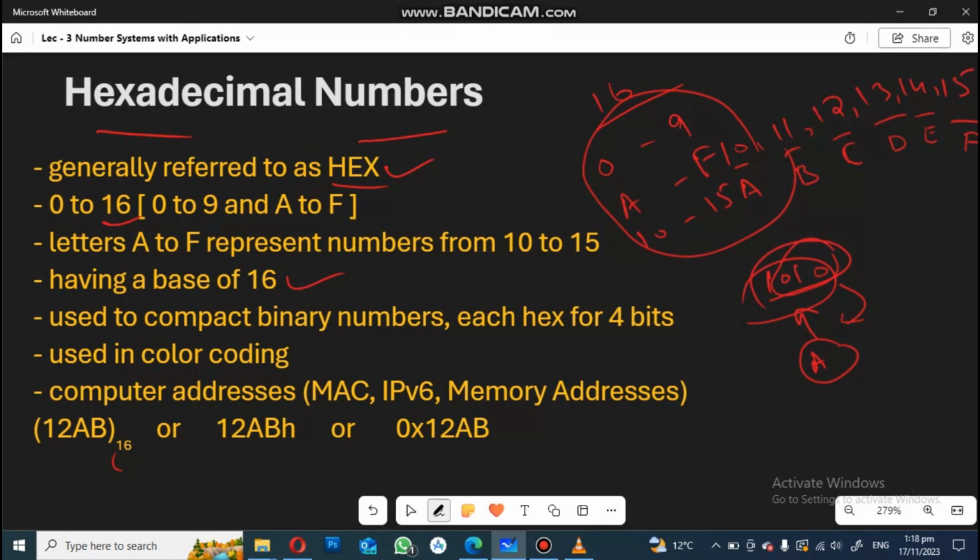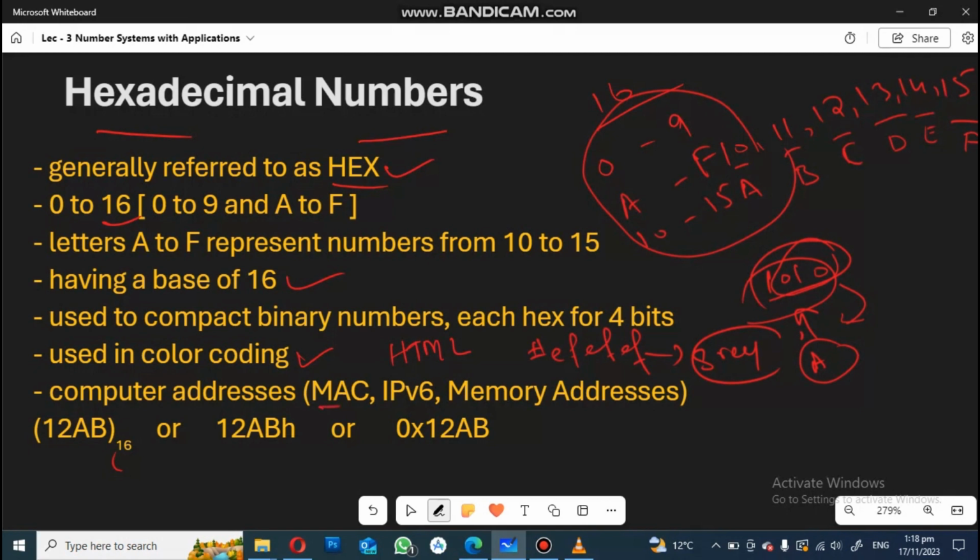Some other uses of these are in color coding. If you have used HTML, you can use colors like EF, and this will create a light gray color for you. Apart from this, these can also be used in MAC addresses.